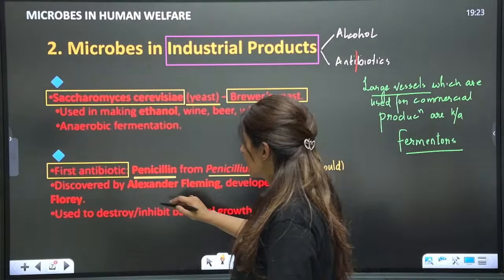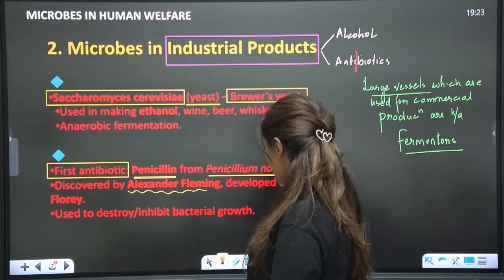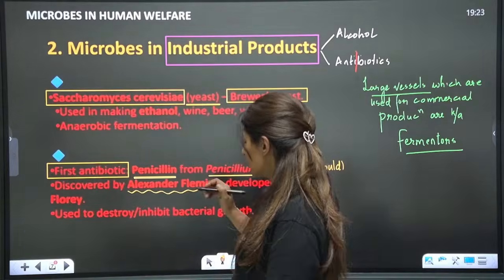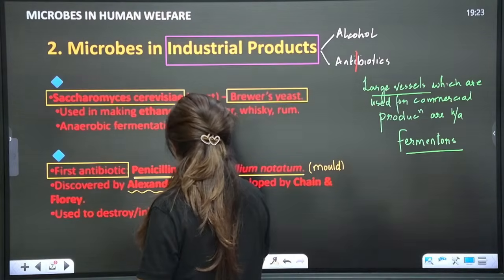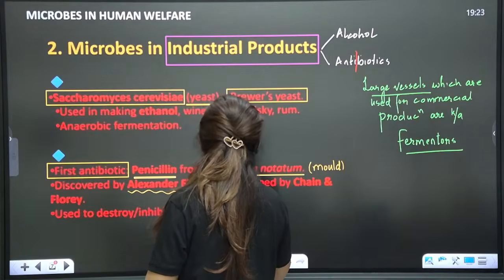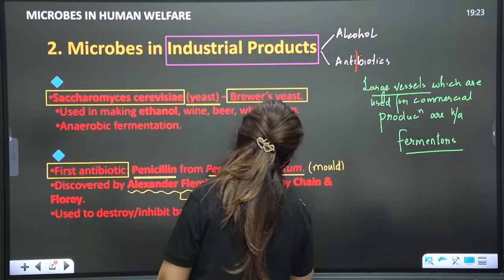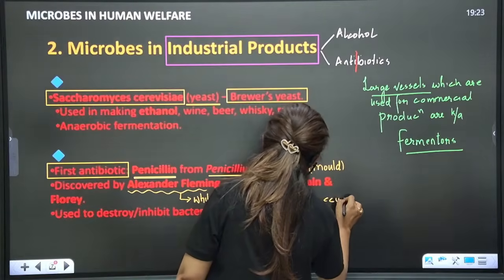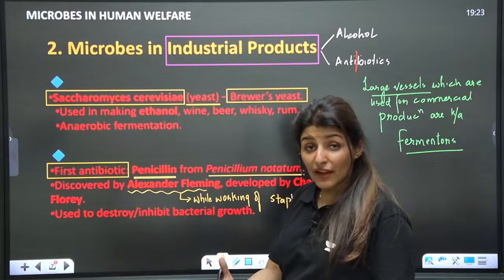Who discovered it? Alexander Fleming, right? But was he actually looking for the antibiotic? No. He was working on Staphylococcus bacteria and he noticed that this antibiotic is not letting the Staphylococcus grow.